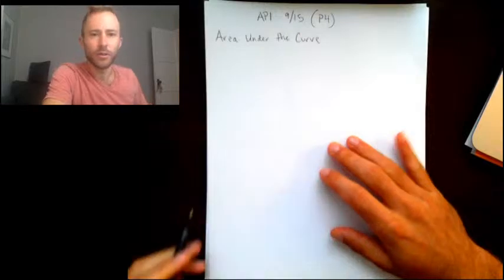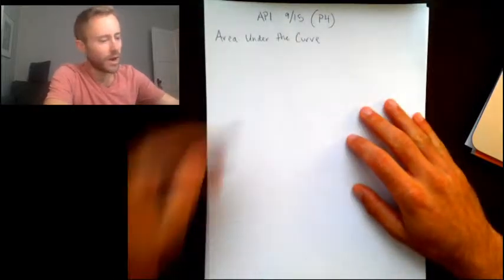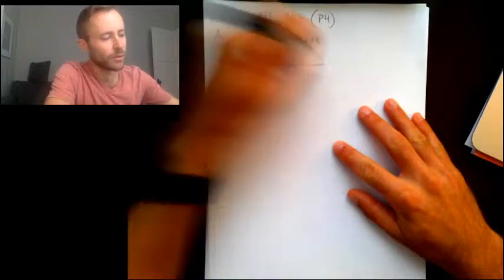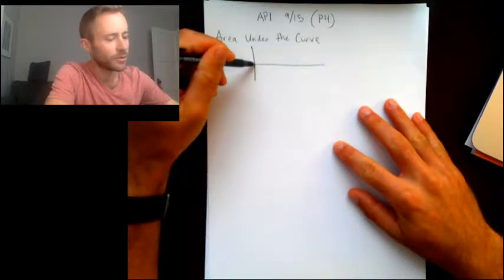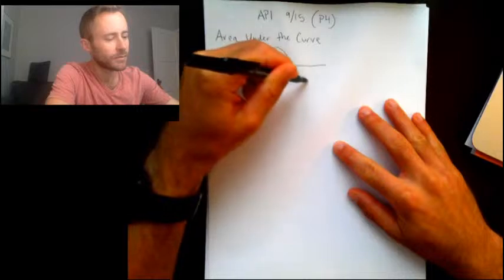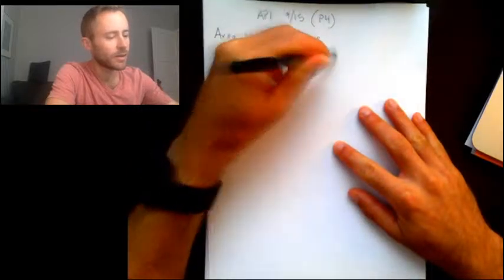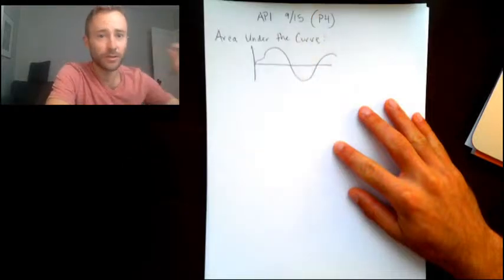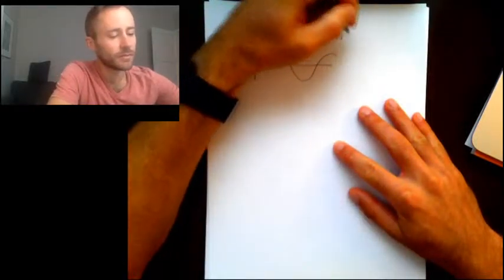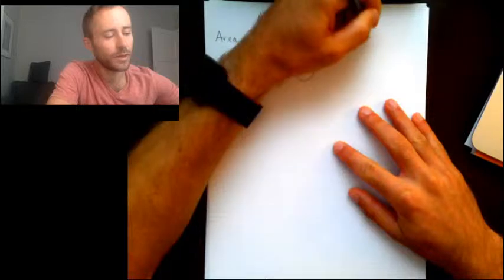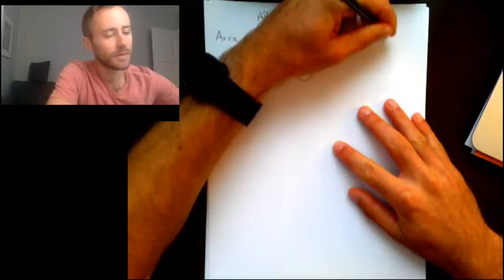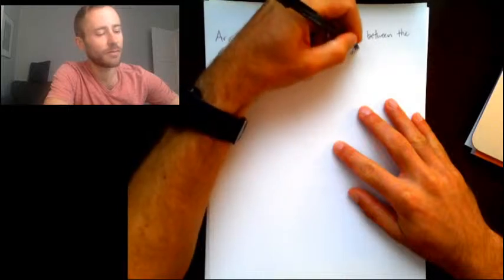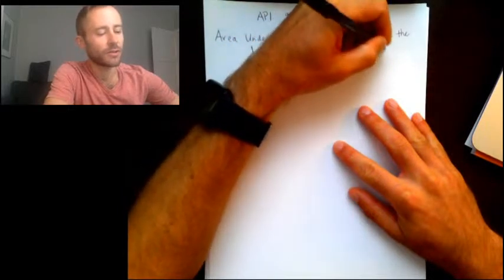Let's suppose I have a graph with a vertical axis and a horizontal axis, and maybe it looks like this. The area under the curve is the space between the line, or the graph itself, and the horizontal axis.